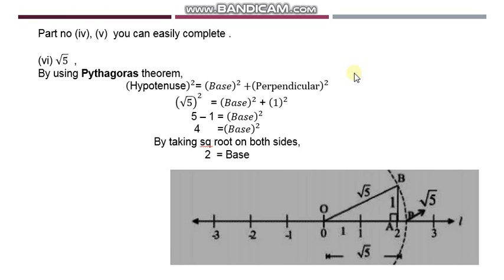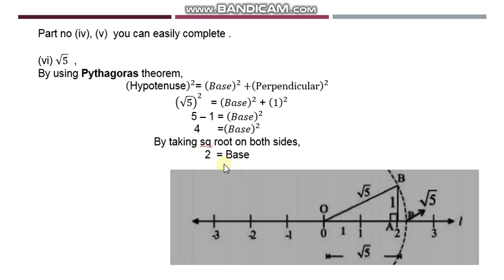This square root number we will use as hypotenuse, and we will always use 1 as a perpendicular. So by using these two values we can easily find the base. Base is 2.